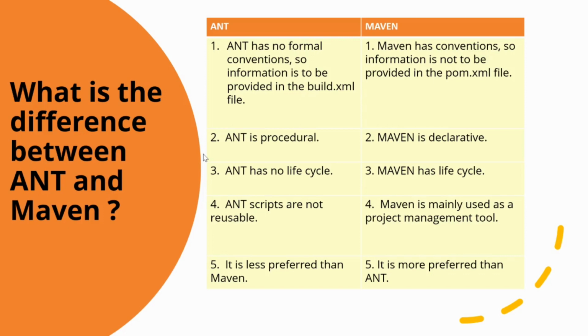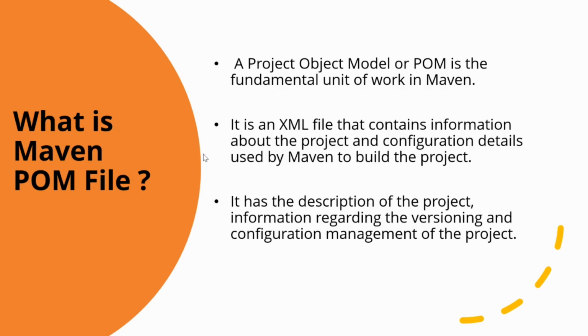Ant has no lifecycle, whereas Maven has a lifecycle. And Ant scripts are not reusable. Maven is mainly used as a project management tool and Ant is less preferred than Maven, whereas Maven is more preferred than Ant.